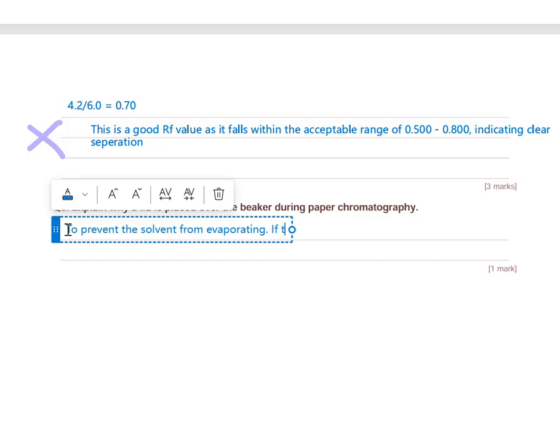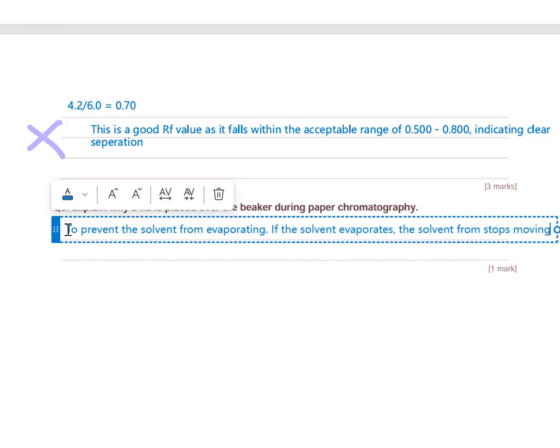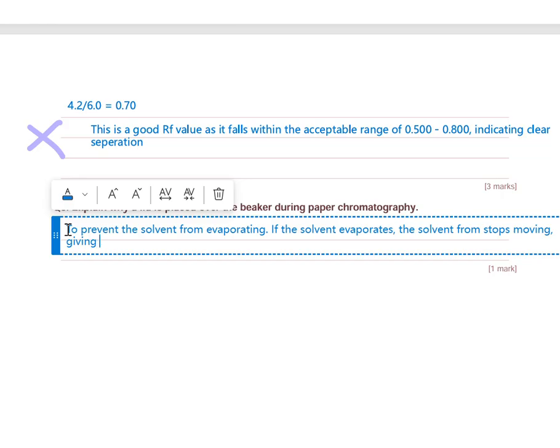If the solvent evaporates, the solvent front stops moving, giving inaccurate Rf values.